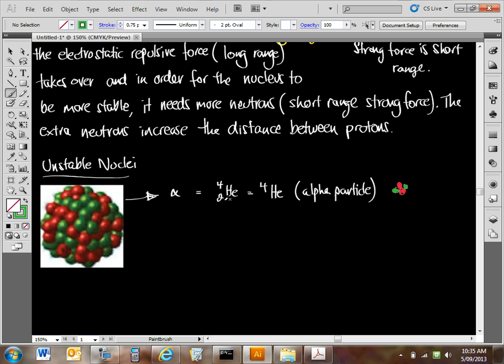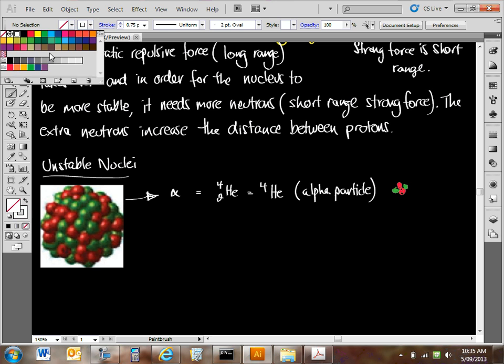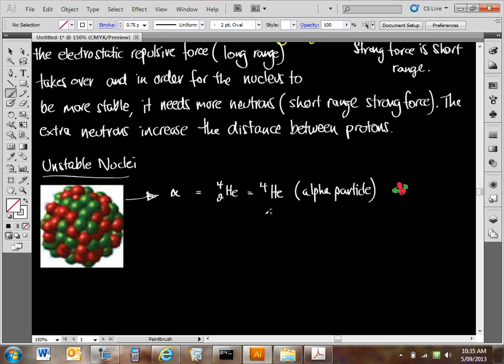Why the alpha particle? Why is it that it throws off a helium nucleus, do you think? Does anybody know? Why?